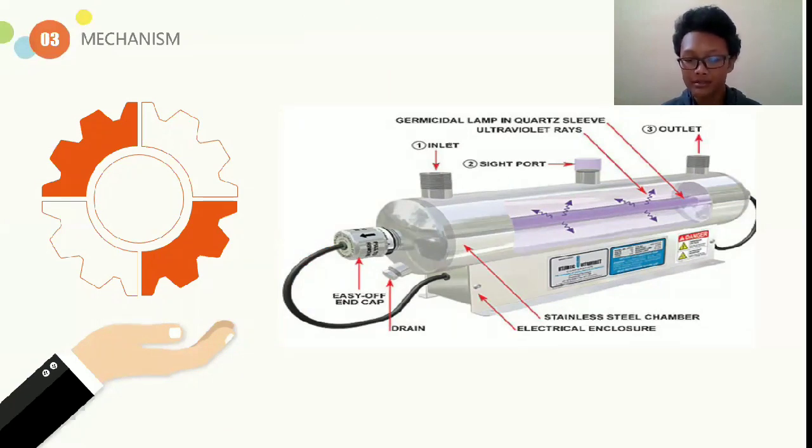In this situation, microorganisms will die slowly because they cannot regulate cell metabolism and cannot breathe. In the process of absorption of photons by DNA, the energy possessed by the photons results in the breaking of the hydrogen chain connecting the thymine and cytosine, which results in DNA damage.